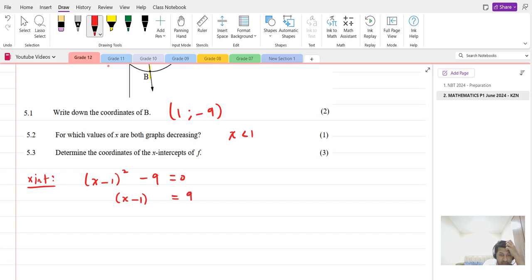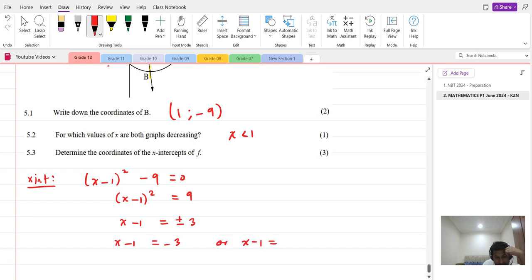Take the 9 over and then square root both sides. When you square root both sides, it becomes plus or minus 3. So x minus 1 is equal to negative 3, or x minus 1 is equal to positive 3. So x is equal to negative 2, because we need to add 1, or x is equal to 4.